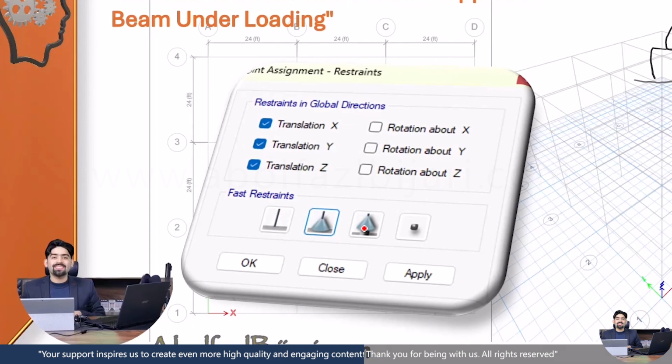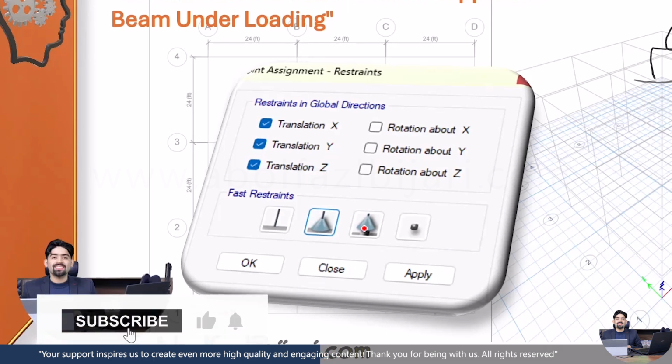In a 3D model, it also considers the z-axis, meaning it provides reactions in all three coordinate directions. However, it doesn't resist rotation about any axis, so the rotational constraints remain unchecked, as you see in these pictures.